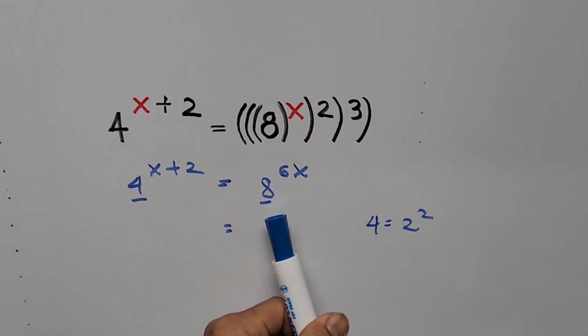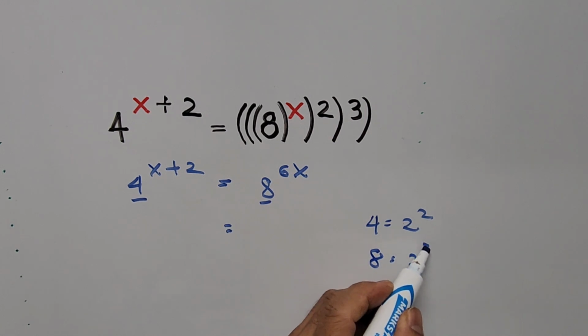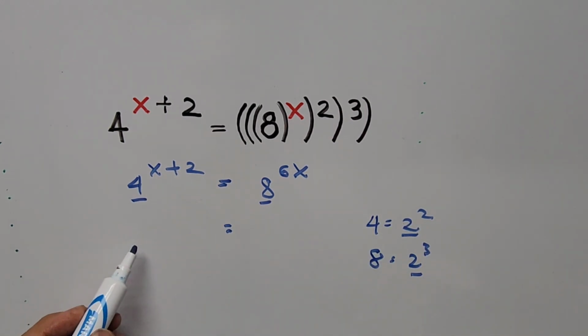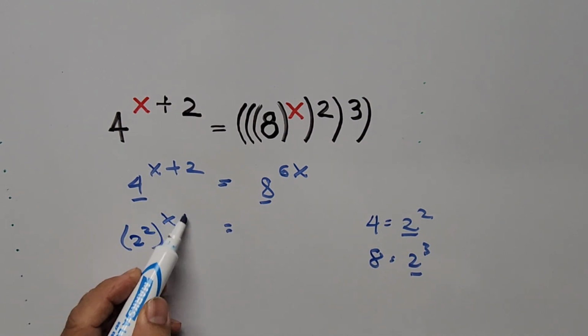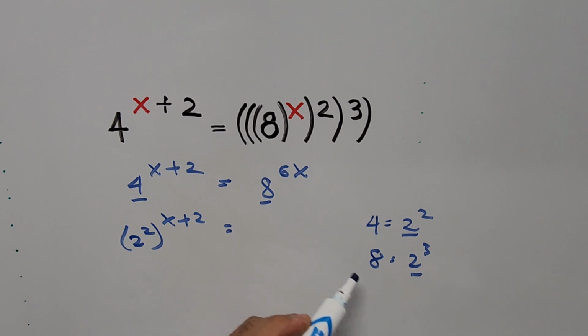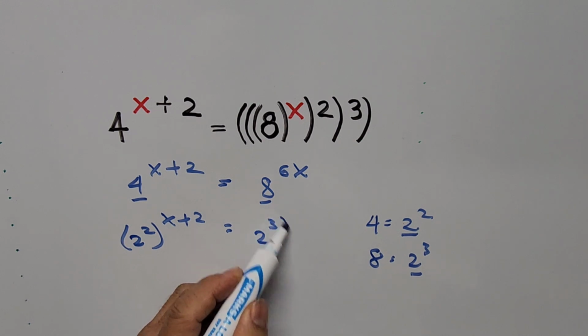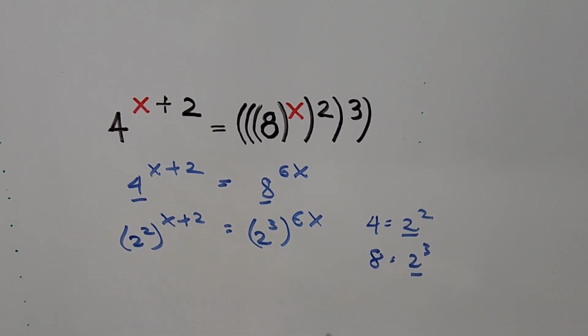And 8 can be written as 2 to the power of 3. So now we have 4 is now 2 squared. So this is 2 squared to the power of x plus 2. Right hand side, 8 is now 2 to the power of 3. So this is now 2 to the power of 3 raised to the power of 6x.